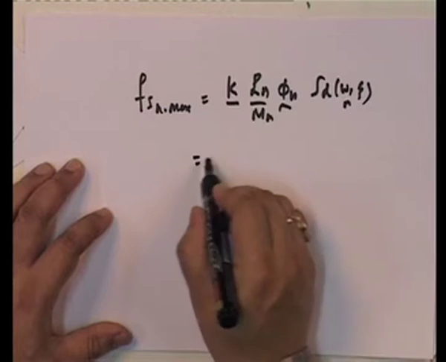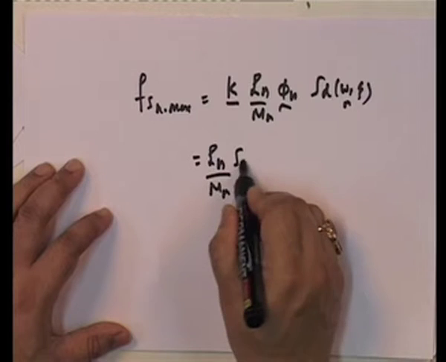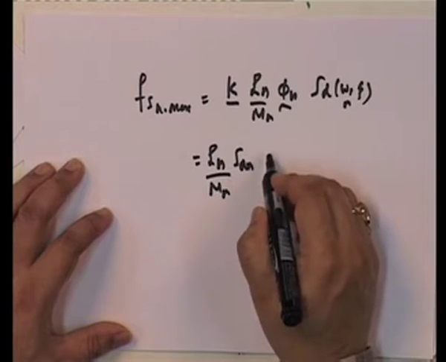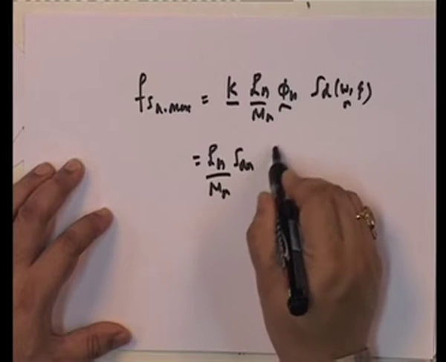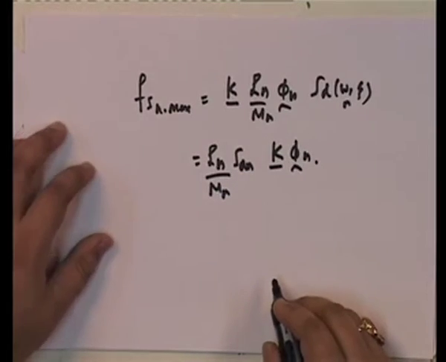I can take these factors Ln upon Mn and Sd n, I will call that Sd n because it is for omega n, and take those as scalars and keep this k phi n in here.